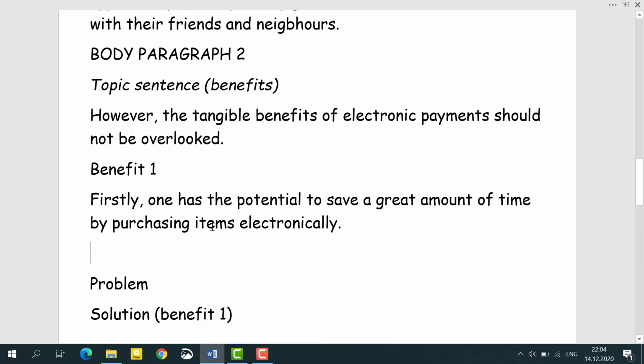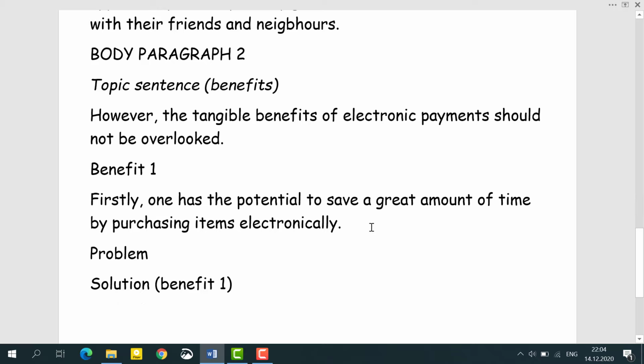By purchasing items, which means things, electronically. Now, you don't want to write things, okay? The examiner doesn't like the word things. A lot of international students always write the word things. No, use the word items. How? Electronically, okay? So that's it. So this is our first benefit, okay?